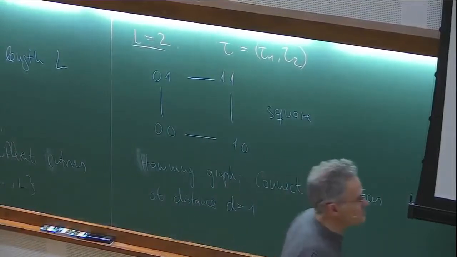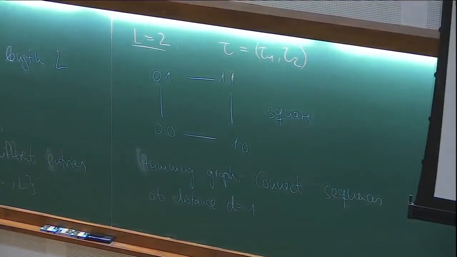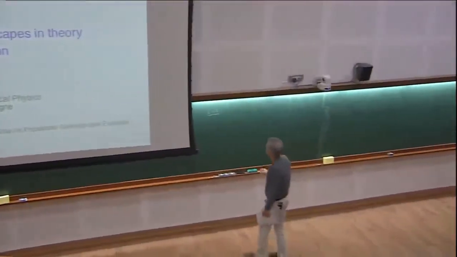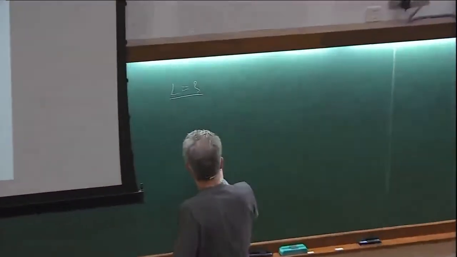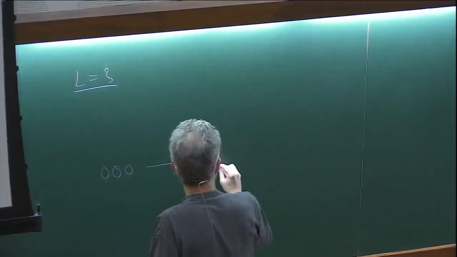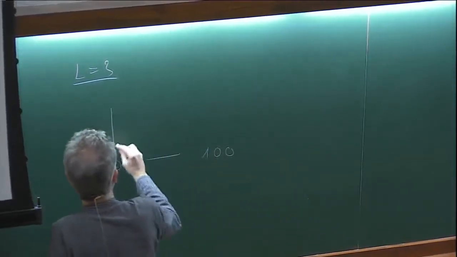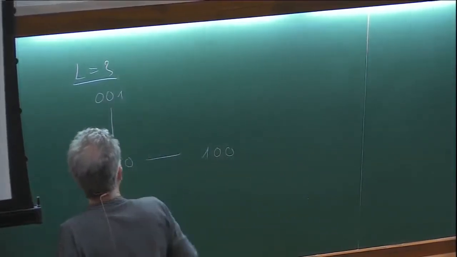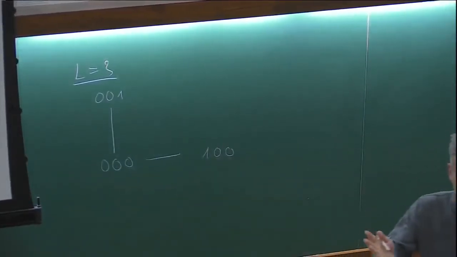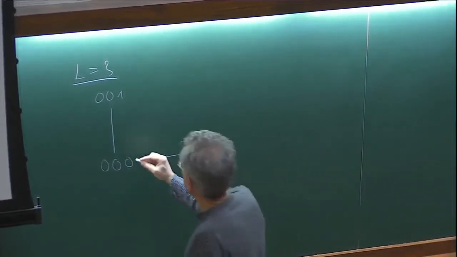Okay, now we can do the same for three loci. And I'm going to draw this in a kind of suggestive way. So what do we have here? Here I have, say, the wild type of all zeros. Then I go in one direction. Here I have one type of mutant. Up here, I have maybe another type of mutant. But then I need to introduce a third direction because we have now three entries, so we actually need 3 dimensions.